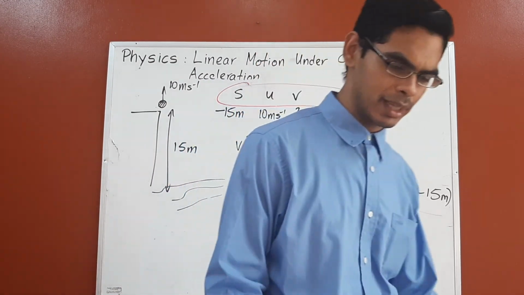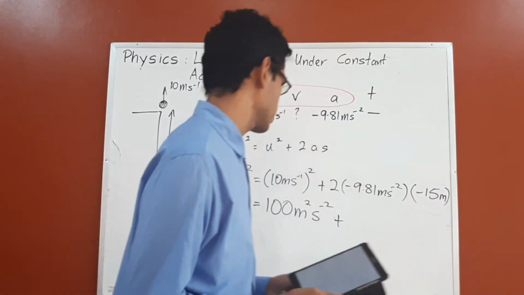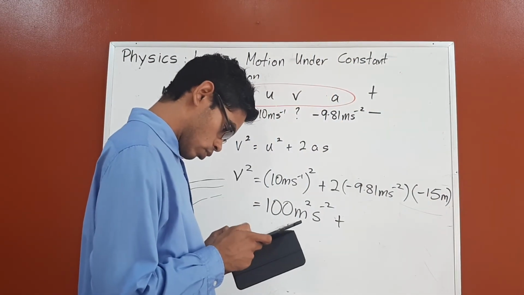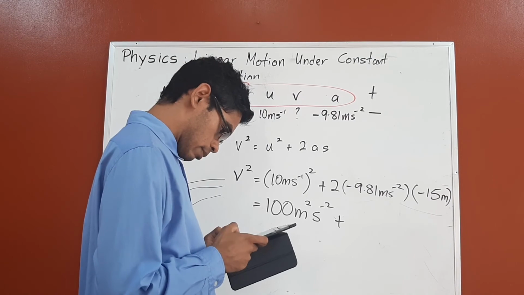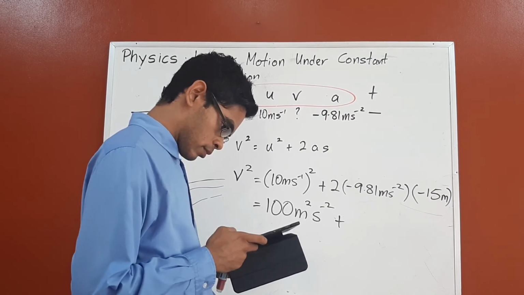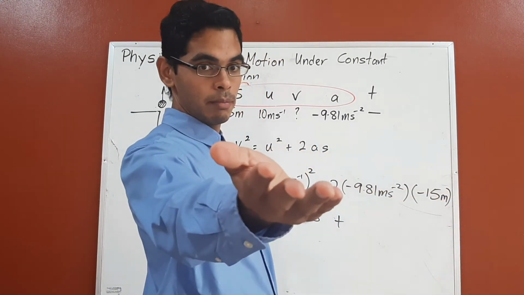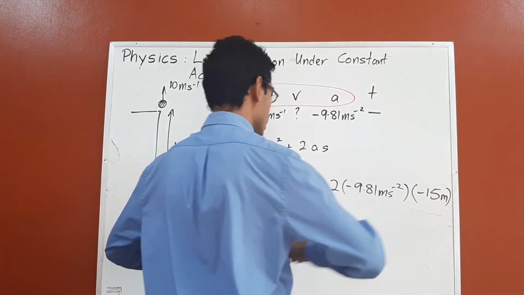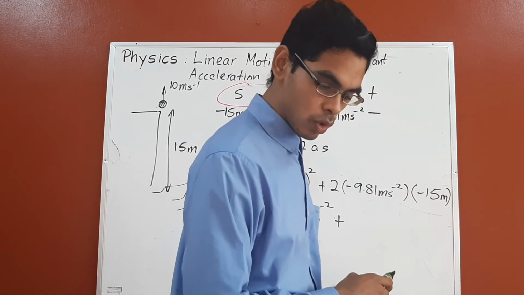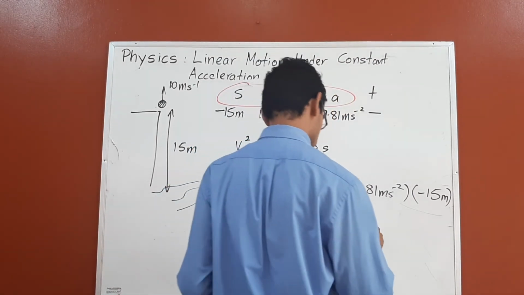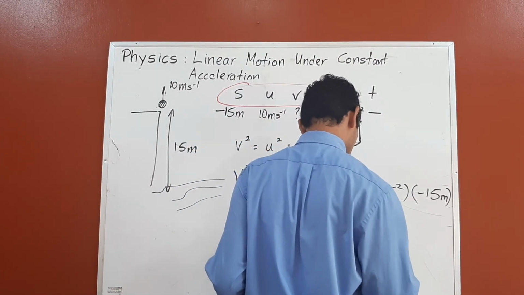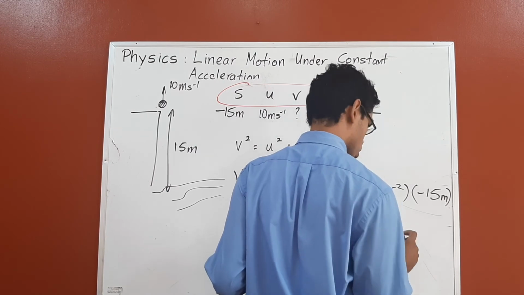That's 2 times, that's 9.81 times minus 15. Or 2 times minus 9.81. Now, minus times a minus is a plus. So we have 294.3. What is that?